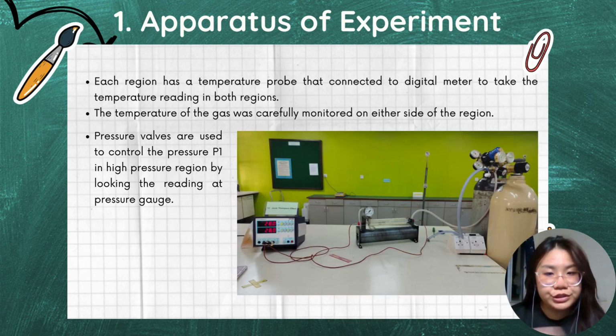Each region has a temperature probe connected to a digital meter to take the temperature reading in both regions. The temperature of the gas will be carefully monitored on both sides. Pressure valves are used to control the pressure P1 in the higher pressure region by looking at the reading on the pressure gauge.